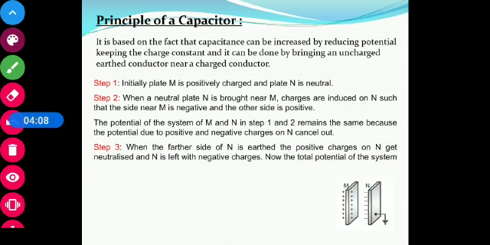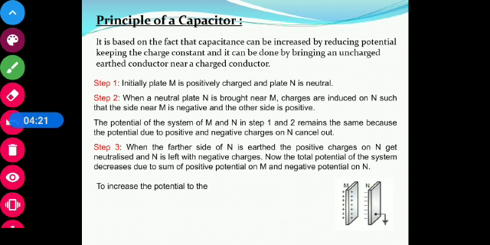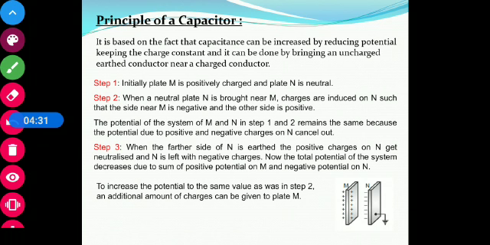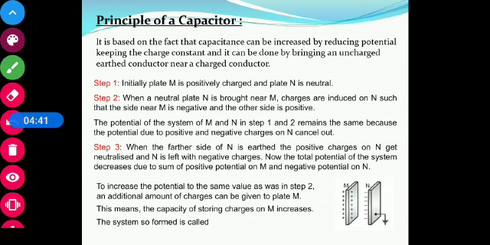Now the total potential of the plate system decreases due to the sum of positive potential on M and negative potential on N. To increase the potential to the same value as was in step 1, step 2, an additional amount of charge can be given to the plate M. This means the capacity of storing charges on M increases. The system so formed is called a capacitor.